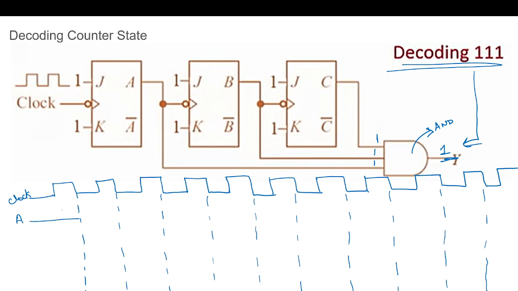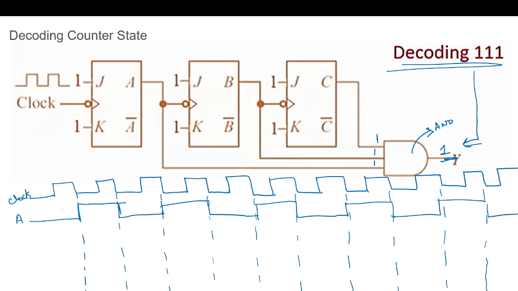So every clock cycle it will toggle at the negative edge. So this is an up counter or down counter?